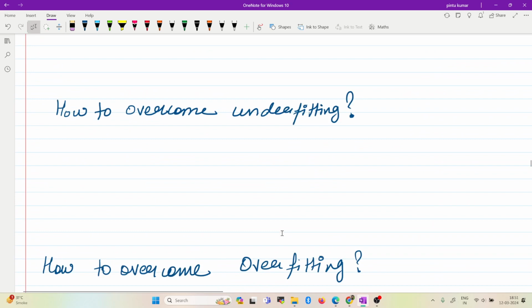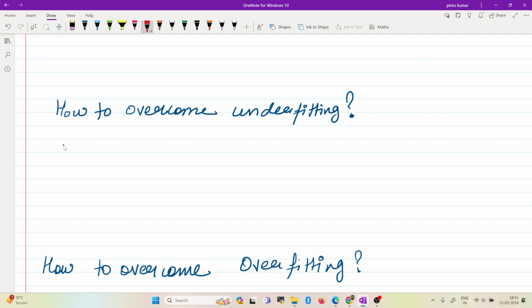Okay, so we have talked about underfitting and overfitting. So the first question that we should try to answer is, how do we overcome underfitting? I haven't prepared anything for here, but I'll just try to write whatever options come to my mind. You guys also, if you have some techniques, you can type them in the chat. How do you think we can overcome underfitting? Increase the model complexity.